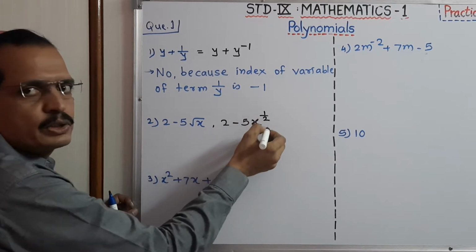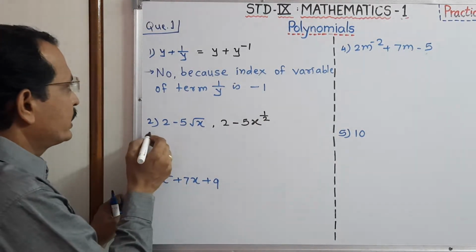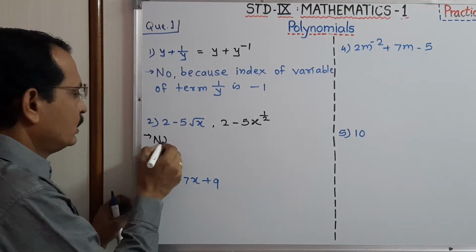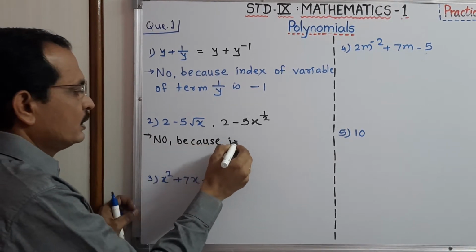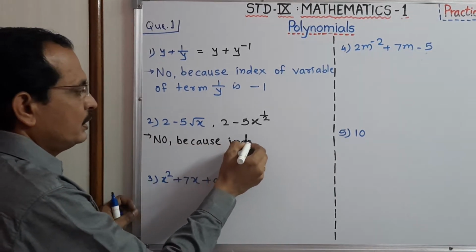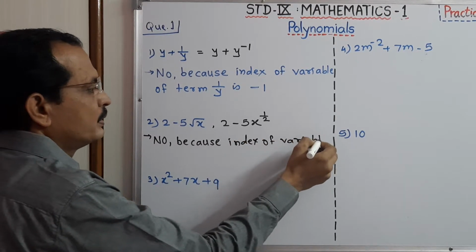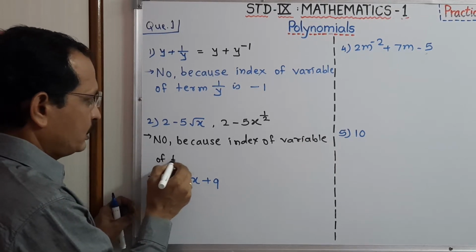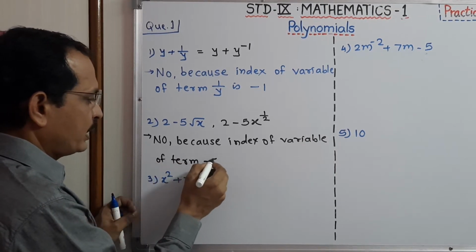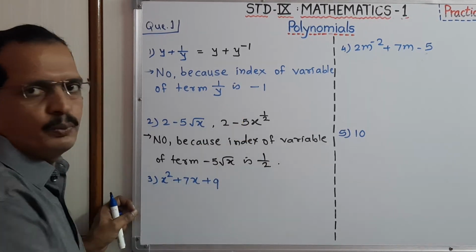Root x means x raised to 1 upon 2, and this 1 upon 2 is not a whole number, therefore we can write here no, because index of variable of term minus 5 root x is 1 upon 2.